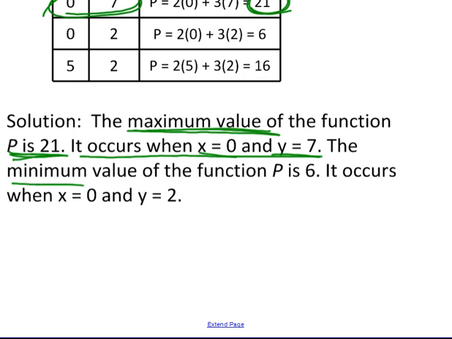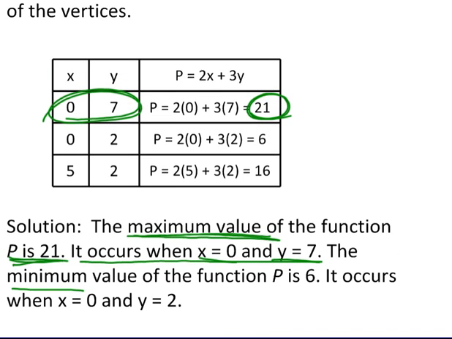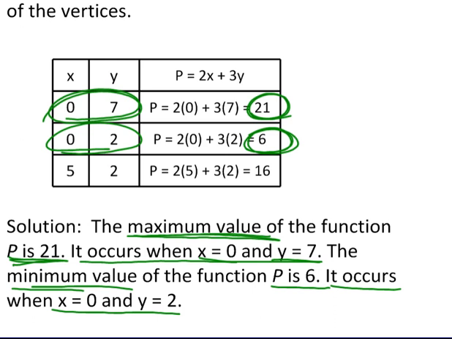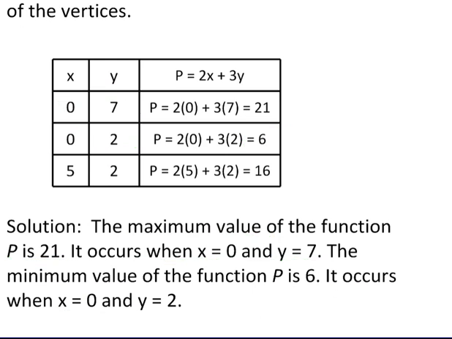So the minimum value, now we're looking for the smallest number, which in this case is 6. Minimum value of the function is 6. It occurs at the point when x is equal to 0 and y is equal to 2. Finally done. Okay, so I spent about 10 minutes doing one problem, and yes, they really do take that long.